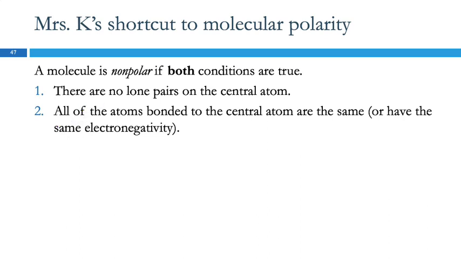Because without any lone pairs, the vectors are spaced equally in space and oppose each other. If the magnitudes of those vectors are all the same, then they add up to 0, and the molecule will be nonpolar.